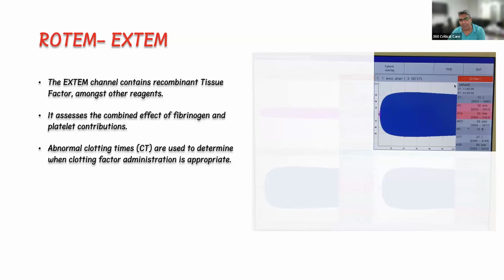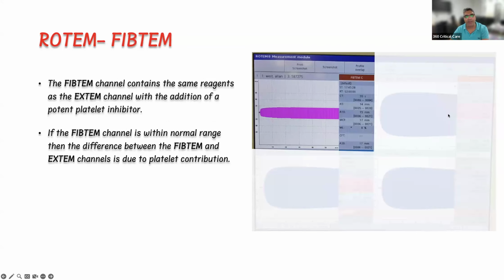The EXTEM looks at both platelet and fibrinogen, right? Both platelet and fibrinogen. It's not only one thing, okay? Abnormal clotting times are used to determine if there is a clotting factor administration requirement. So it also looks at clotting factor deficiency. So fibrinogen, platelets, and clotting factor. Three things can be seen here, okay?